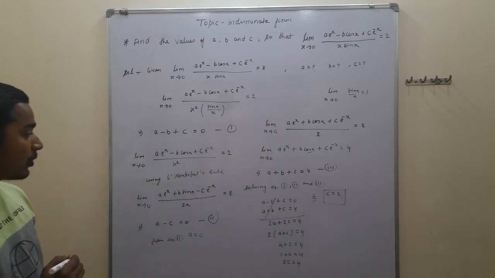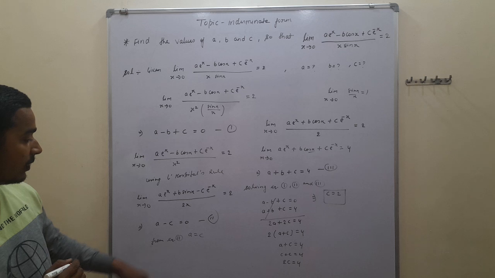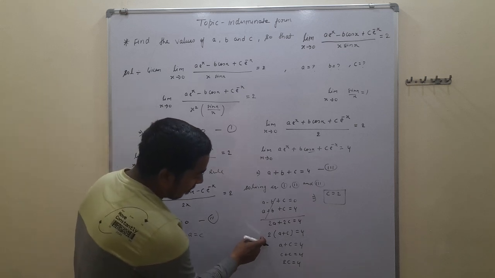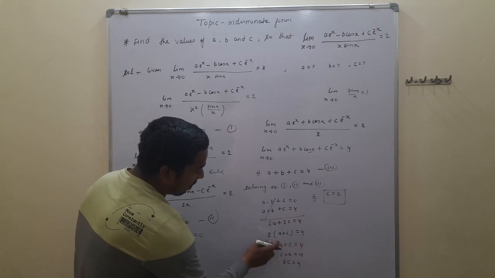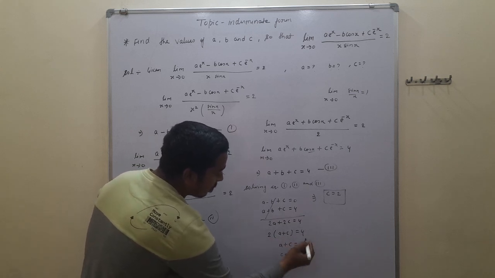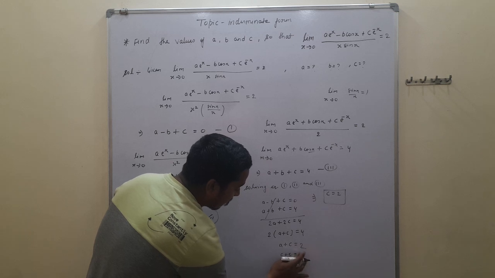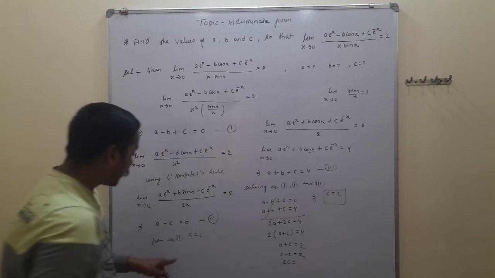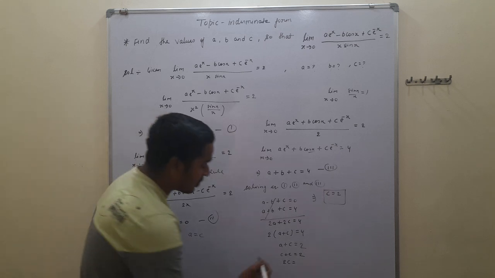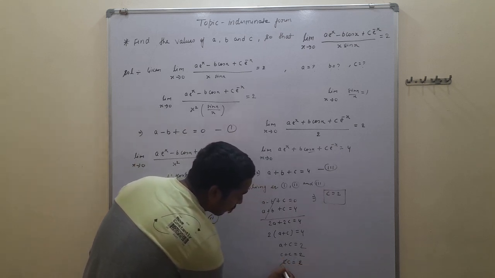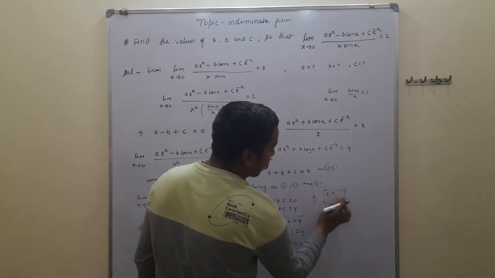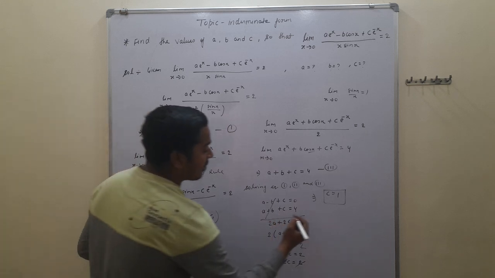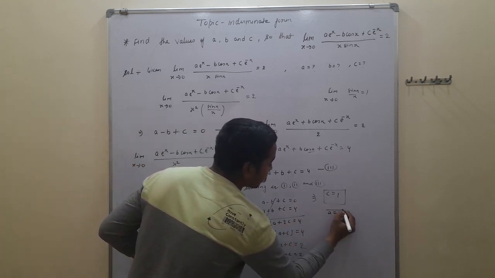And further, when we take 2 common and cancel out, 2 twos are 4, and from equation 2, in place of a we put c, this gives c plus c is 2c, and 2 and 2 cancel out, then c is equal to 1. And from equation 2 we can also write a is equal to 1.